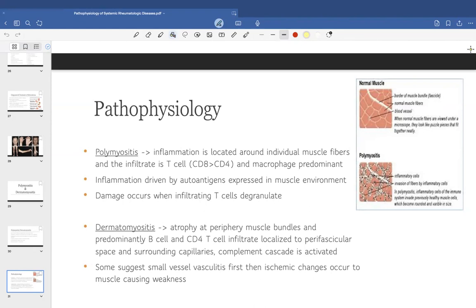Compare that to dermatomyositis, where the atrophy is around the peripheral bundles, not the fibers themselves, but around the bundles within the actual muscle. And it's predominantly B cell as opposed to T cell. And the T cells that are there are predominantly CD4s as opposed to CD8s.